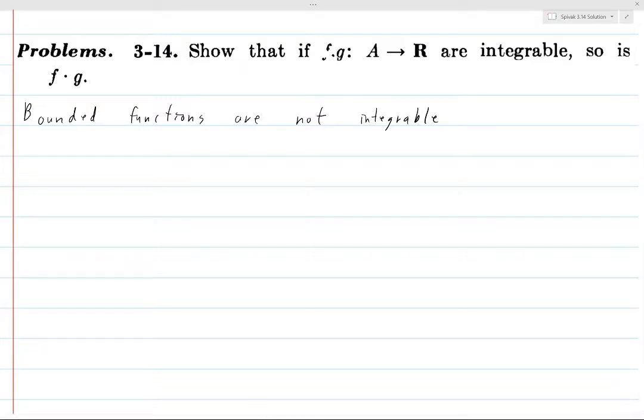Of course, there are unbounded functions which you can define an integral of, but we're not there yet. Right now, our definition of integrable functions requires those upper sums and lower sums, and the difference being able to be made arbitrarily small by choosing an arbitrarily fine partition.